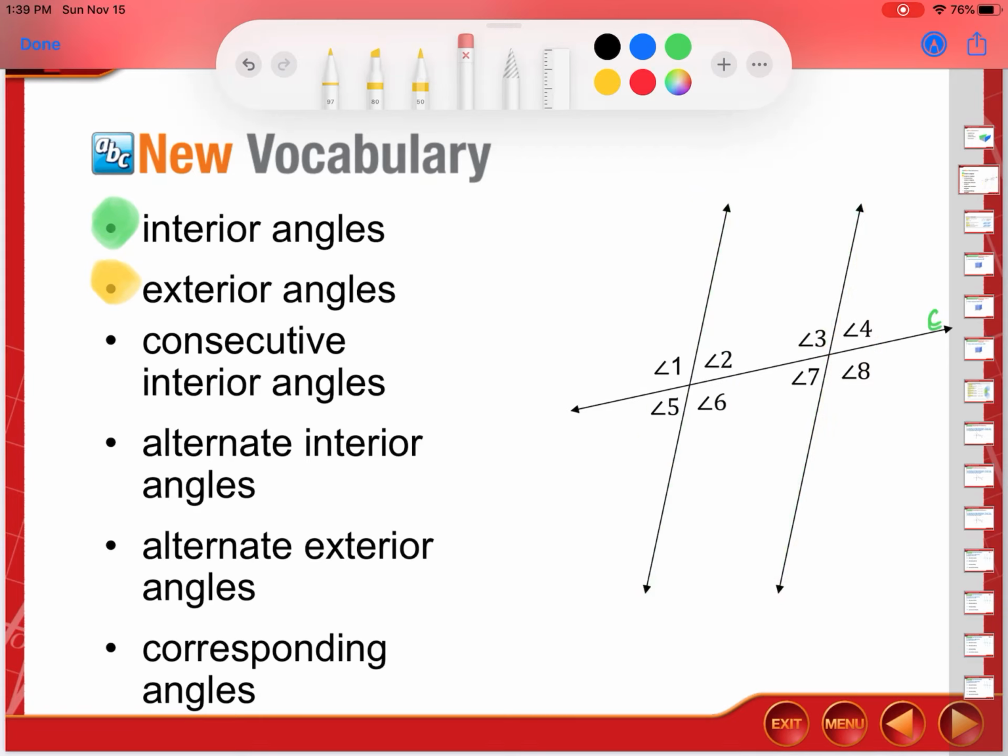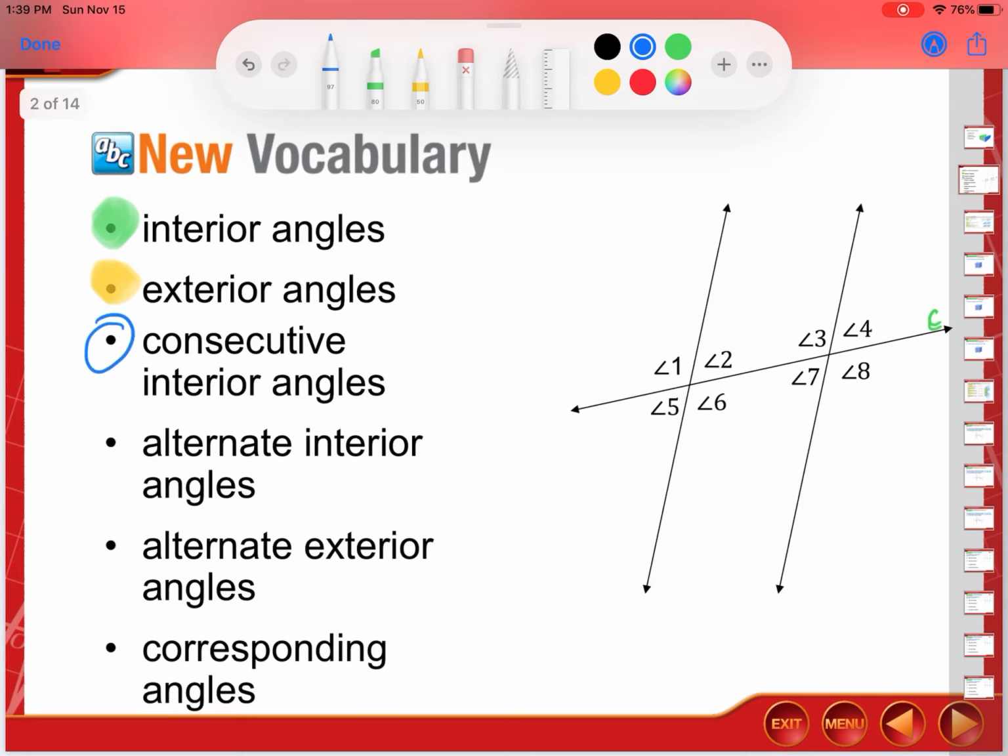Okay, now let me just erase these so we have a little bit of a fresh start. Consecutive interior angles are going to be interior angles, so inside these lines, the green ones here, and then they're going to fall on the same side of the transversal.